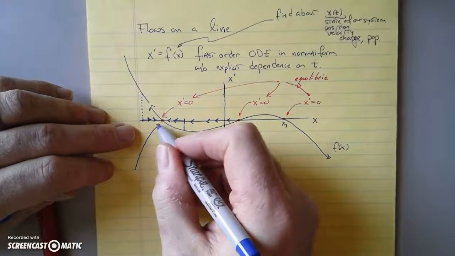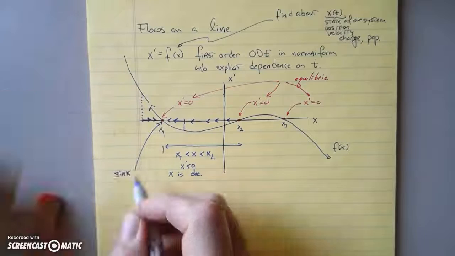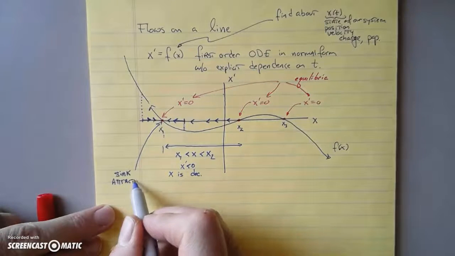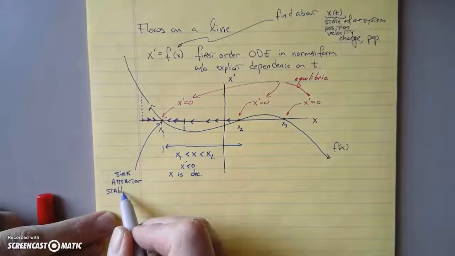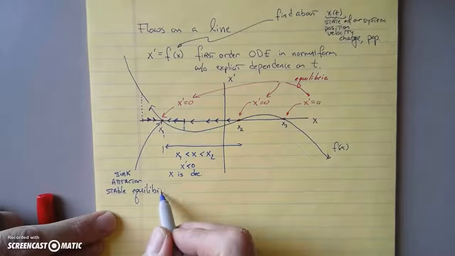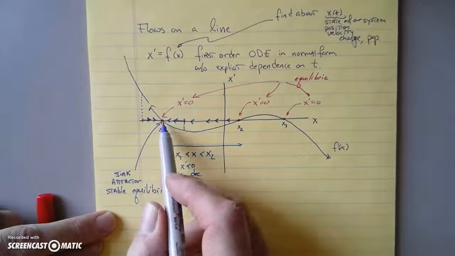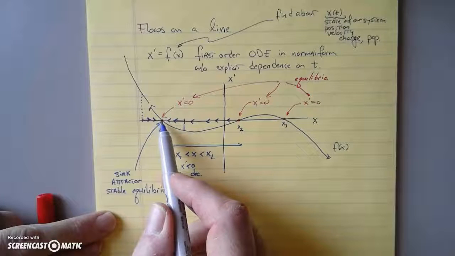This makes x1 what's called a sink. Or you can call it an attractor. But we'll mostly call it a stable equilibrium. Things go towards it. If you're at x1 and I perturb you a little bit, you'll go back to it.